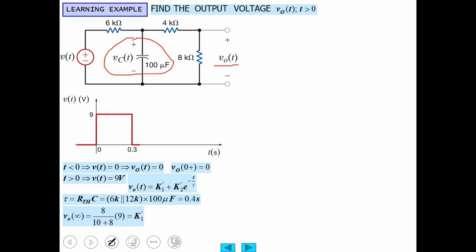So it's just the 8 k ohms divided by the total resistance, which is the 10 plus the 8, times the 9-volt source. 9 volts. And that's going to be equal to 4 volts. K1 prime equals 4 volts.